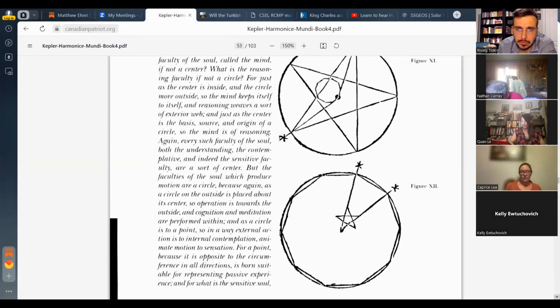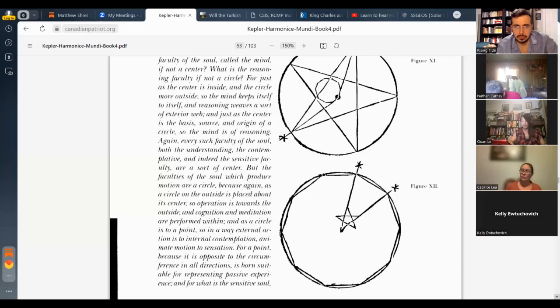And just as the center is the basis, source, and origin of a circle, so the mind is of reasoning. Again, every such faculty of the soul, both the understanding, the contemplative, and indeed the sensitive faculty, are a sort of center.